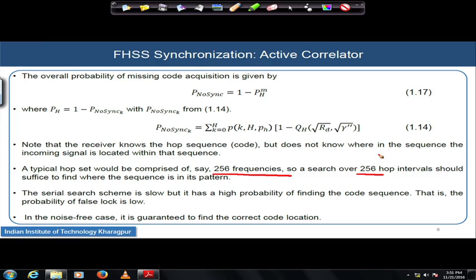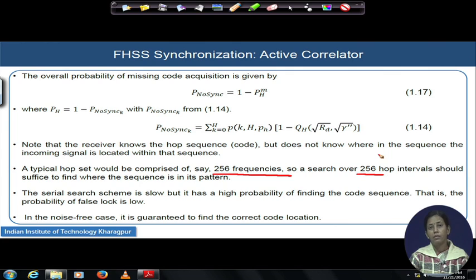So serial search over 256 frequency points, in terms of the time consumed, is really very high, and that's why we call the serial search process a very slow process, but the probability of finding the code sequence is really very high.